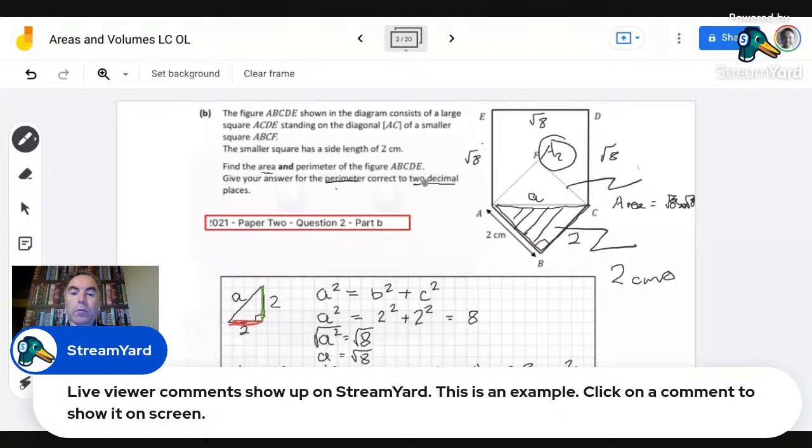Before you go on to the next question, you look back and see the format, and the perimeter needs to be in two decimal places. So let's round the 85 up to 90. So it'll be 12.49 centimeters. And that's the first one.